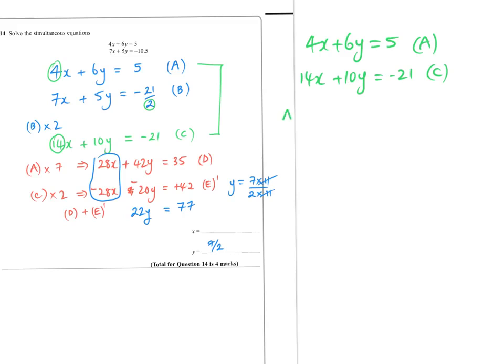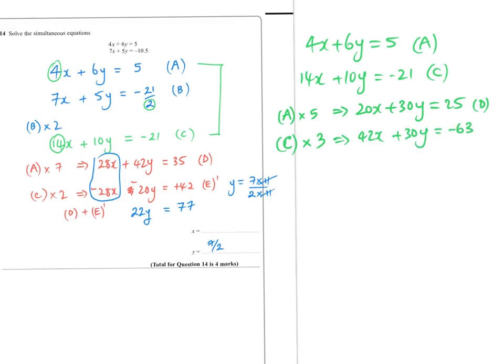So I'm going to do that. A times 5 and C by 3. The top one by 5 is 20x plus 30y equals 25. I'll call that D. And then C by 3 will be 42x plus 30y equals minus 63.